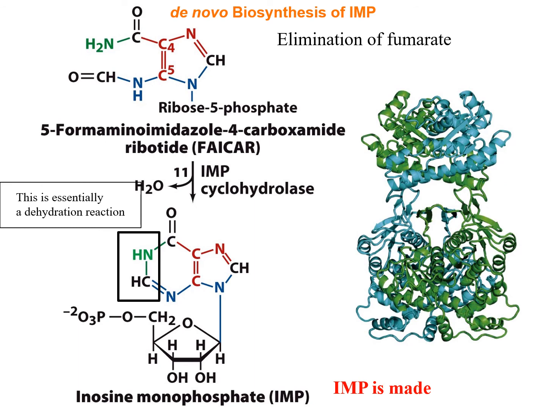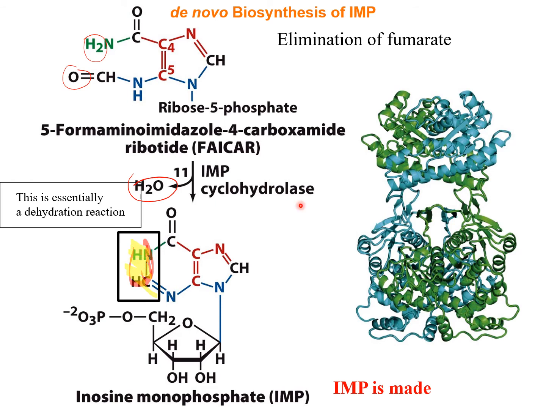The final step in generation of IMP, or inosine monophosphate, is a cyclization. So this is essentially a dehydration reaction. Water leaves, so one of the oxygens and two of the hydrogens leave as the water molecule, and you have the generation of this ring structure right here.